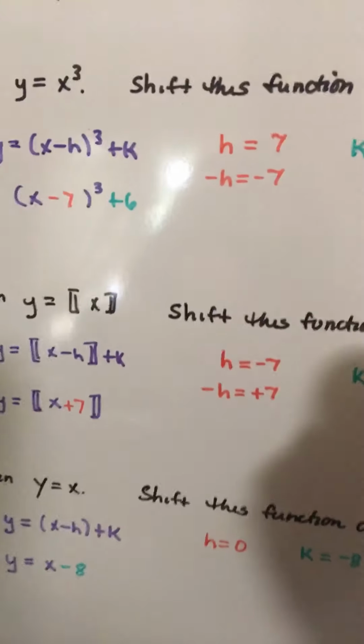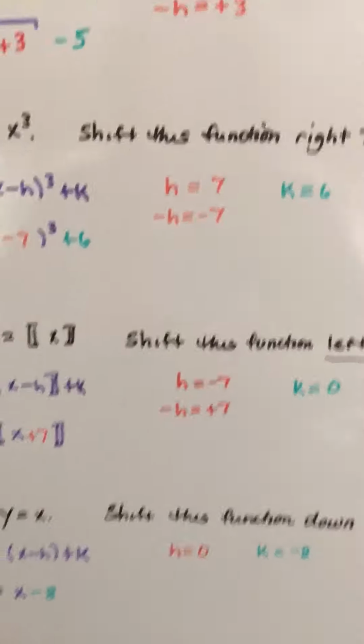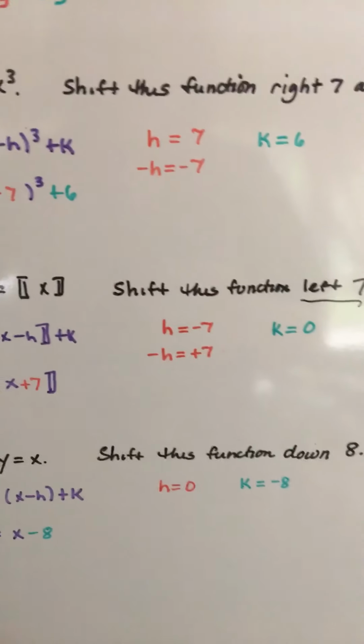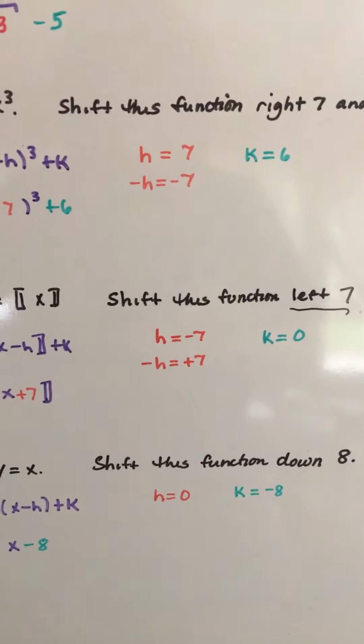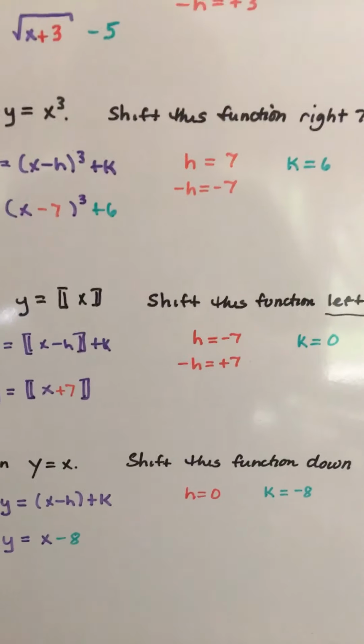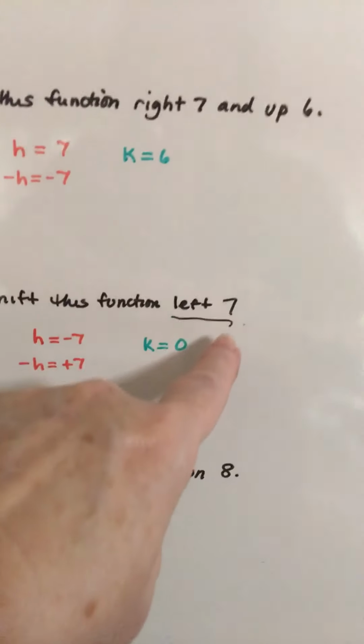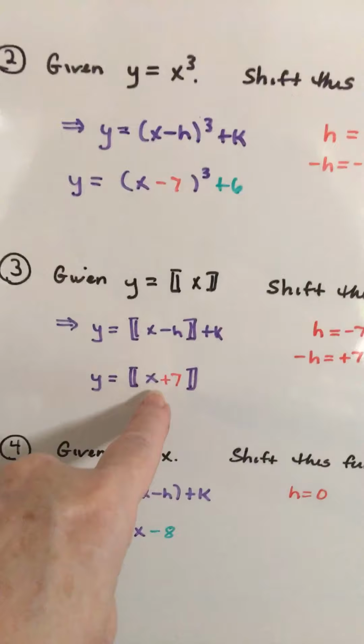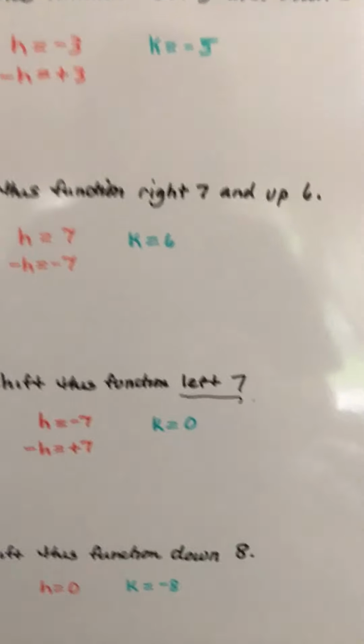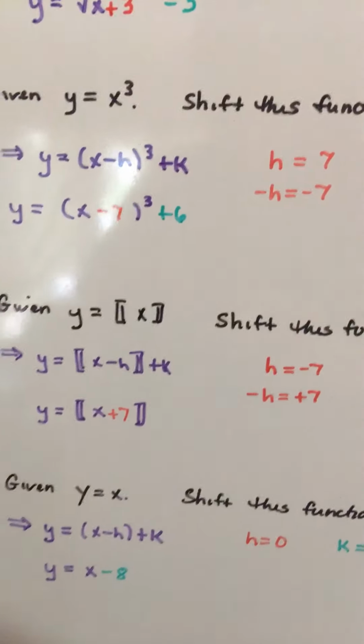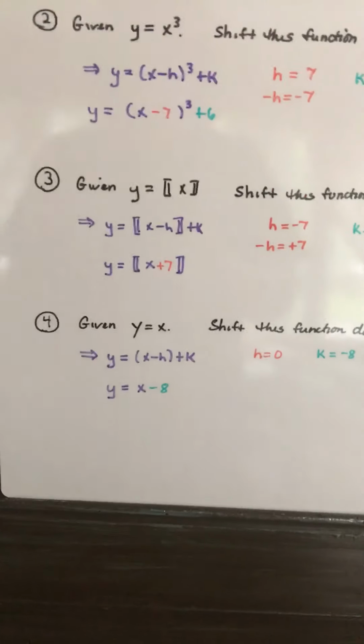Well, what does left mean? Left means negative 7. So h is negative 7. So negative h is positive 7. Or a left 7 is negative 7, so this has to be a positive 7. K is 0. You can write plus 0 if you want, but we usually don't.